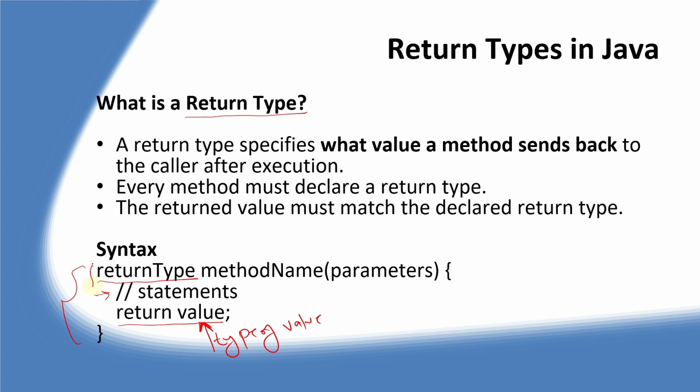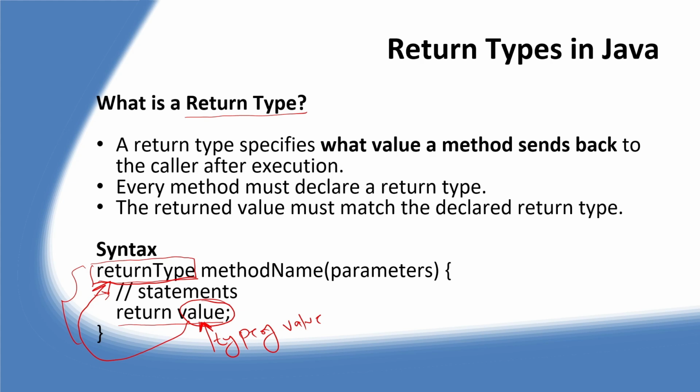This one is the declared return type. So Java will check whether the value we have provided at the return statement matches the declared return type or not. It should match, then only it will run, otherwise it will throw a compilation error.